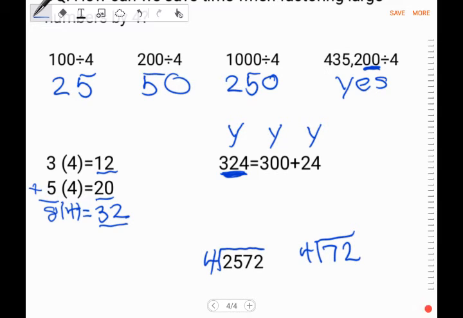If 4 goes into 72 evenly, it will go into 2,572 evenly. So 4 goes into 7 one time. Multiply, I get 4. Subtract, I get 3. Bring down my 2. 4 goes into 32 8 times evenly. So yes, this number has a factor of 4. 2,572 has a factor of 4.